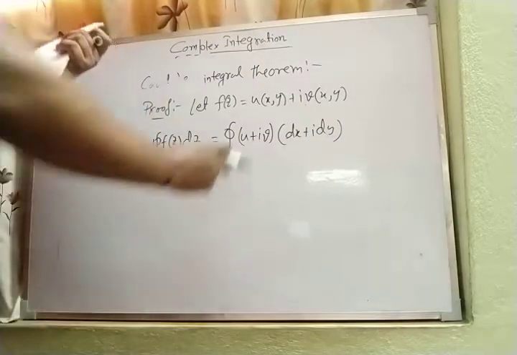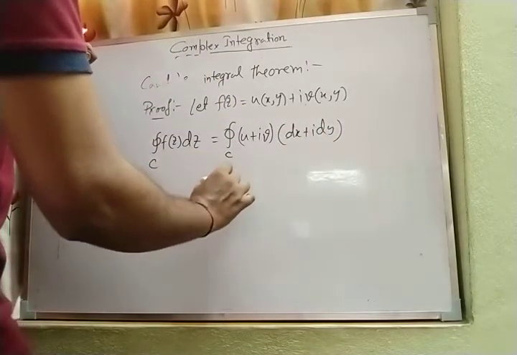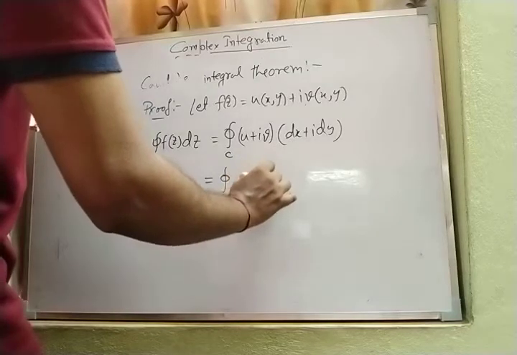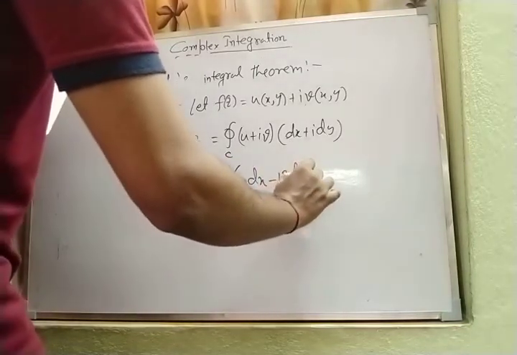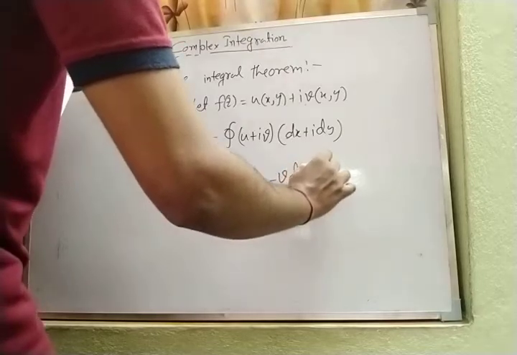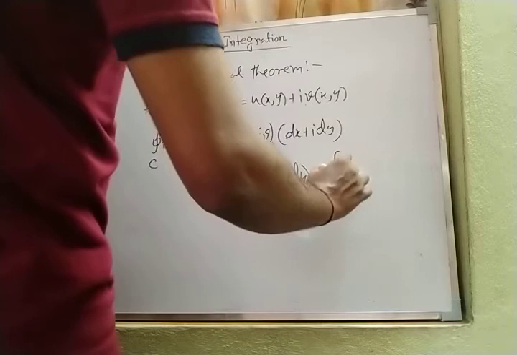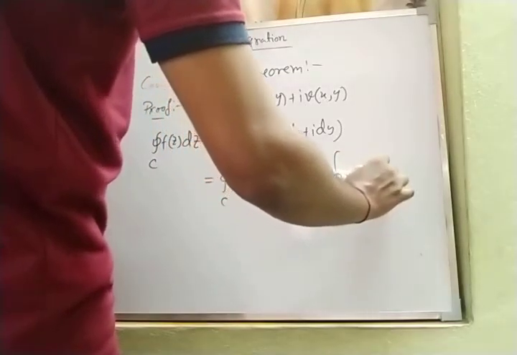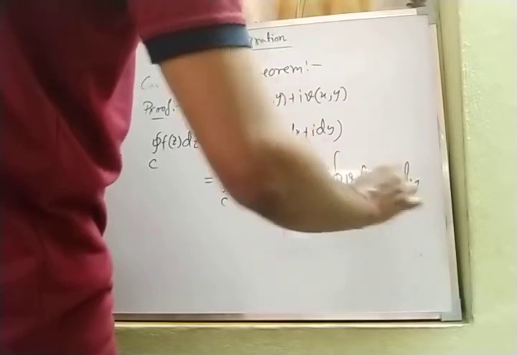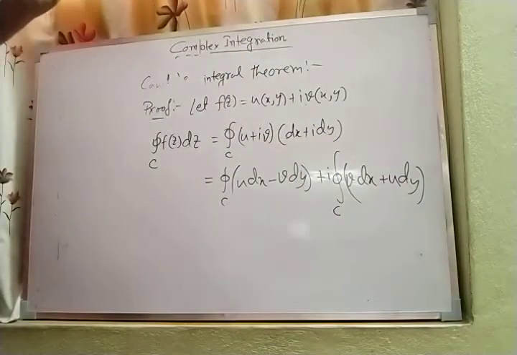Clear? Now multiplying, you can write closed integration of u dx minus v dy plus i closed integration over C of v dx plus u dy. Okay.